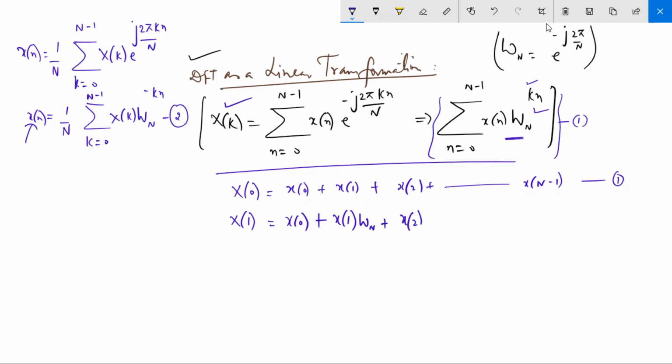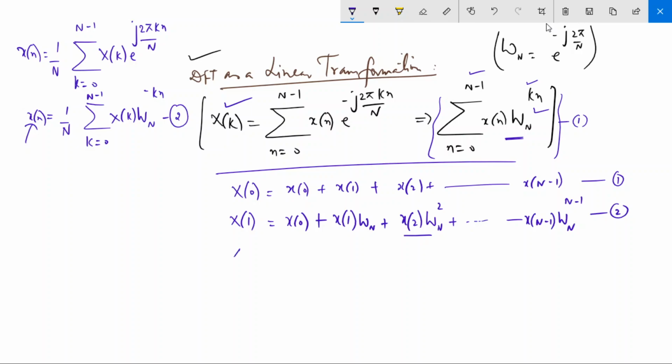Then similarly x[2] W_N to the power 2, because for this term k is 1 but n will become 2, so kn will become 2. And the last term will be x[N minus 1] W_N to the power N minus 1, because k is 1 and n becomes N minus 1.